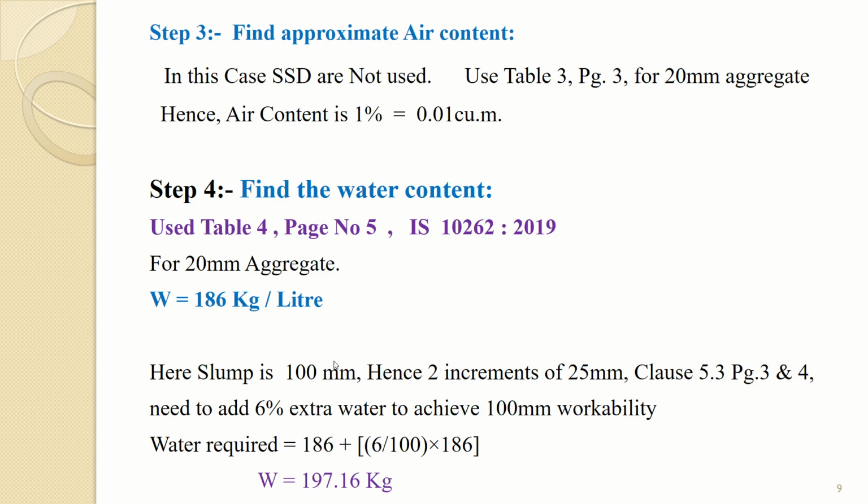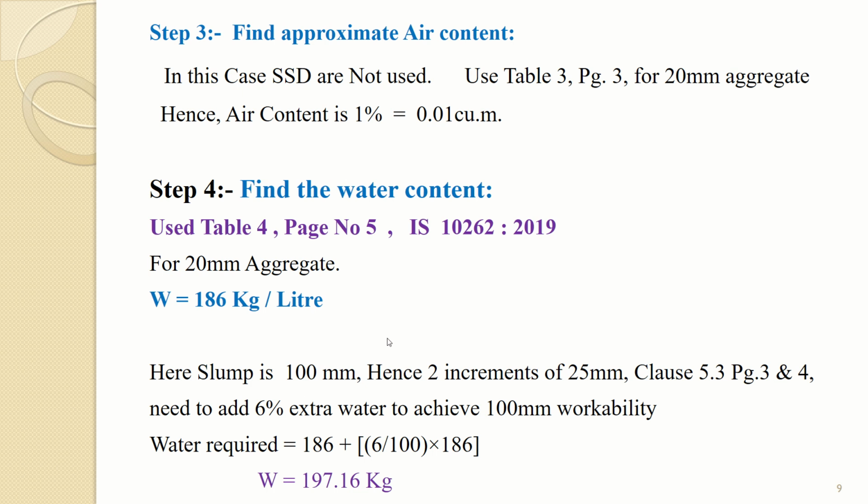Table 4 is given for 50 mm slump value, but here it is given as 100 mm slump. So for 100 mm slump, 100 minus 50, we get a 50 mm difference in slump value. As per the IS code provision, clause 5.3, pages 3 and 4, for every 25 mm increment in slump, you should add 3% extra water.